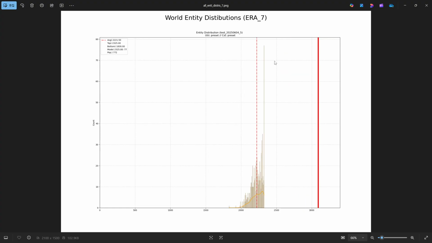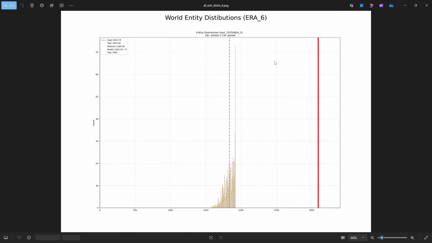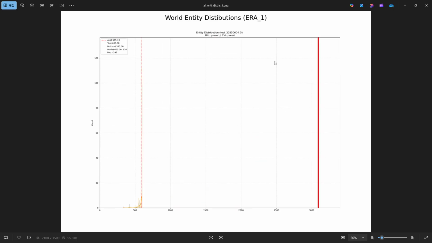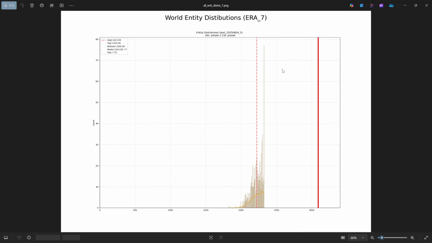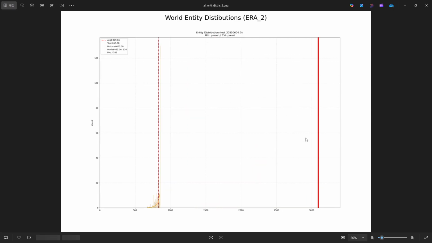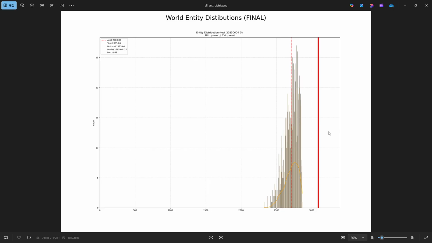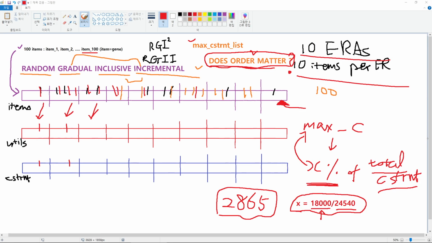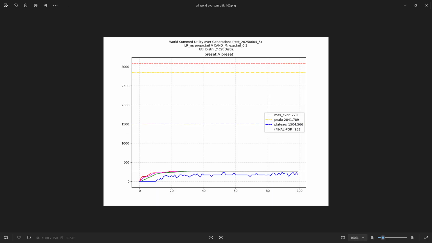If it's era 7, then it means it's the 8th era, because the first era is 0, obviously. In the 9th era, this is what it looks like. Oh well, in the 10th era, the last one, this is what it looks like. Final is the 10th era, but anyway. And the summed utility scores look like this.